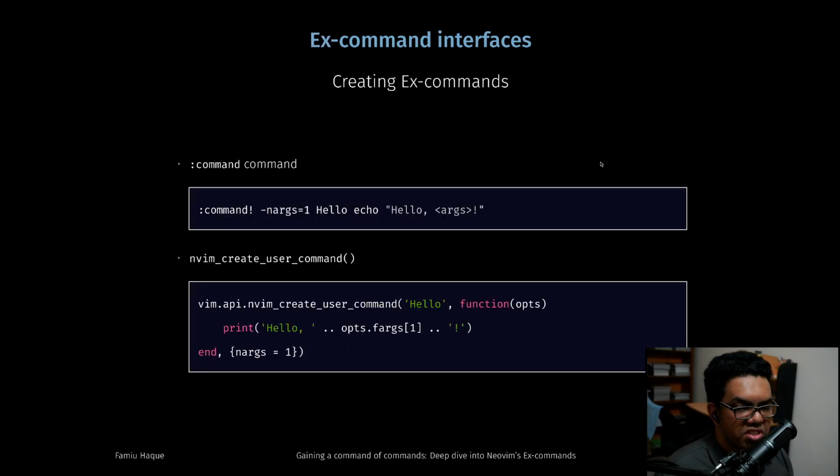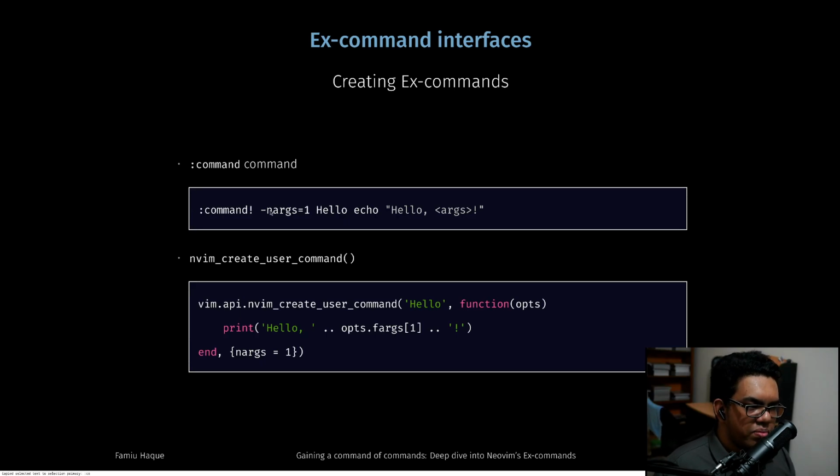So let's get started with the main points of the talk. First thing I want to discuss is Ex command interfaces. There are two different things you can do with Ex commands: you can create them and you can execute them. For creating Ex commands with Vimscript, you have the :command command.